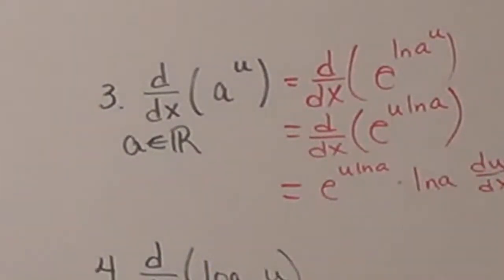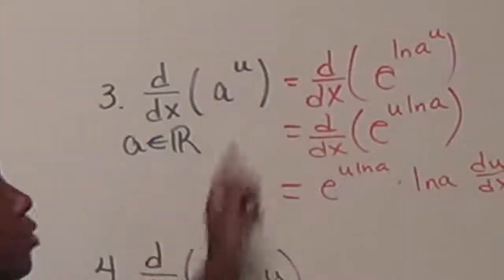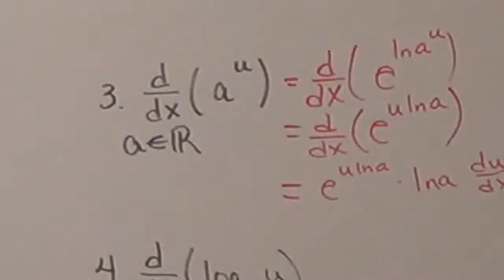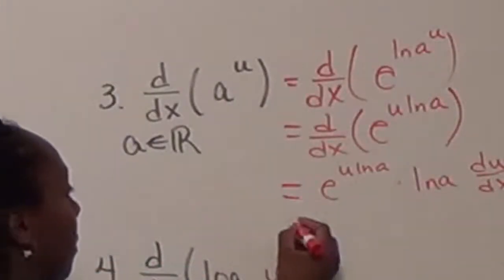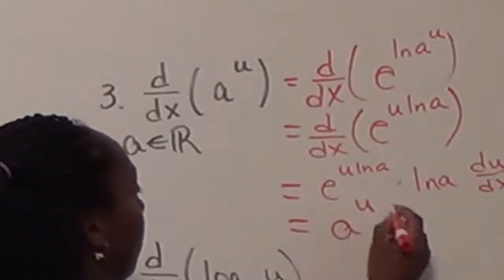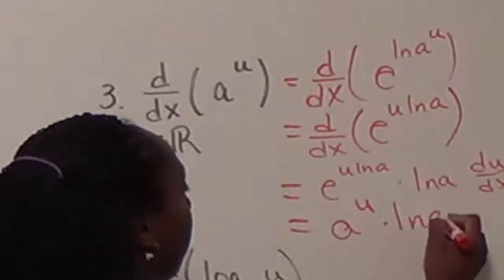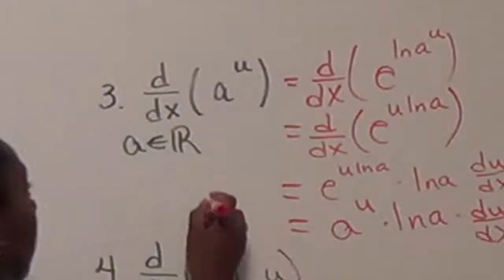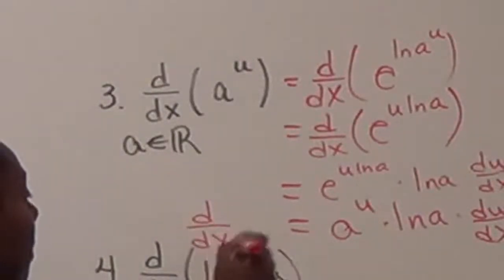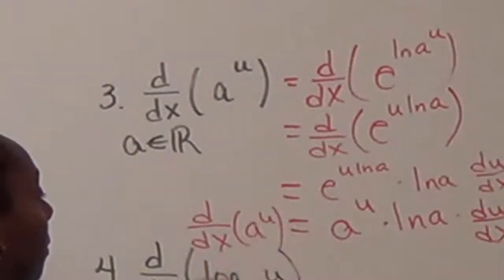And again, if we put that back into just terms of a, by what we did before, this is going to be a to the u natural log of a times du dx. So there's our derivative with respect to x of a to the u.